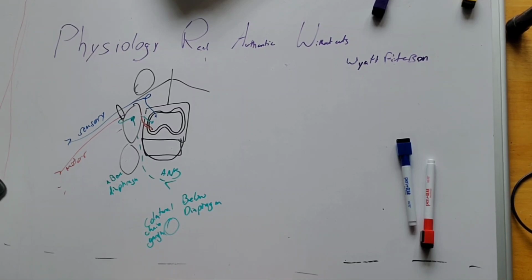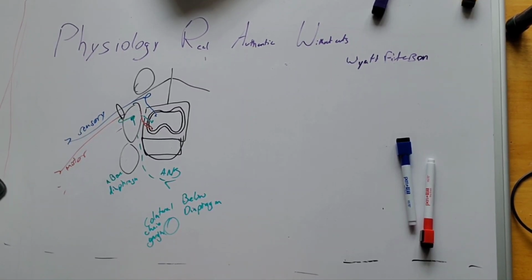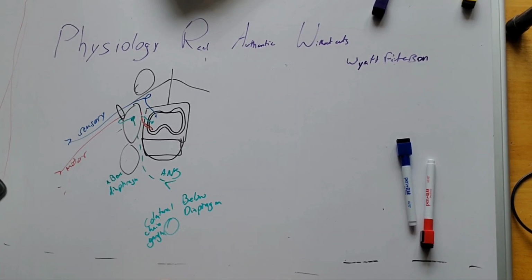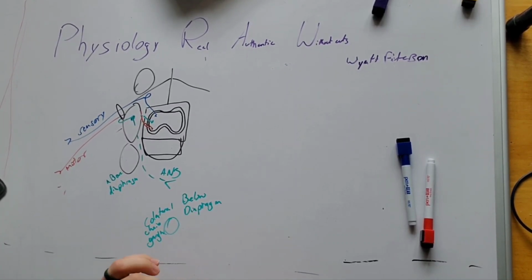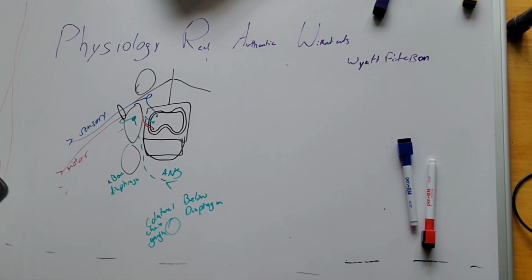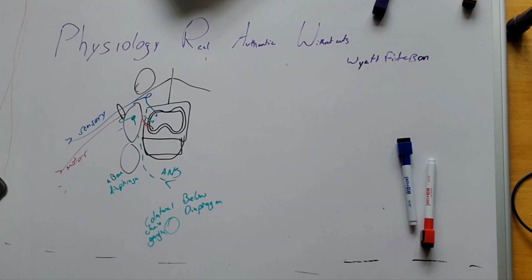So the point of origin from the CNS, the sympathetic nervous system comes from the thoracolumbar region, while the parasympathetic comes from the craniosacral regions.